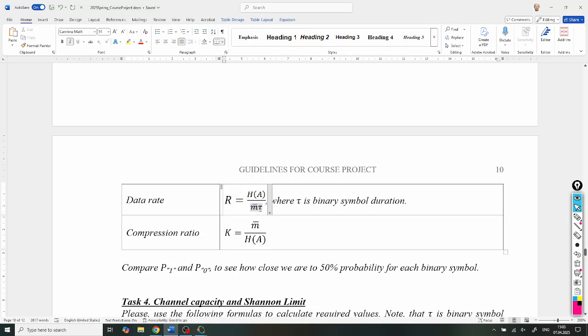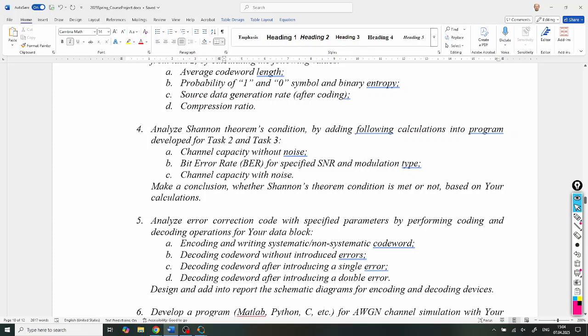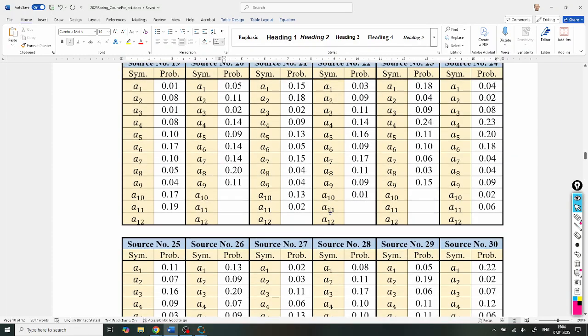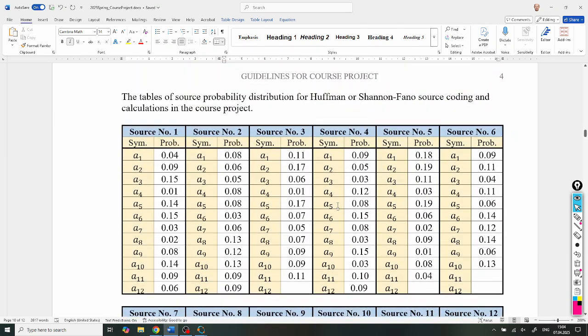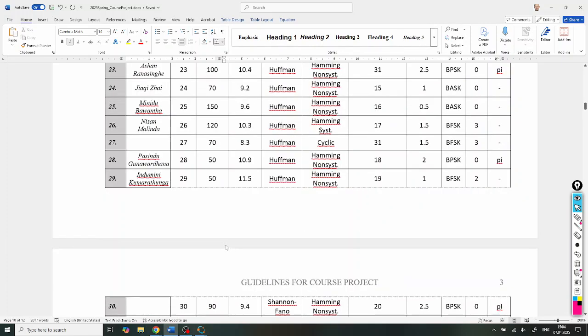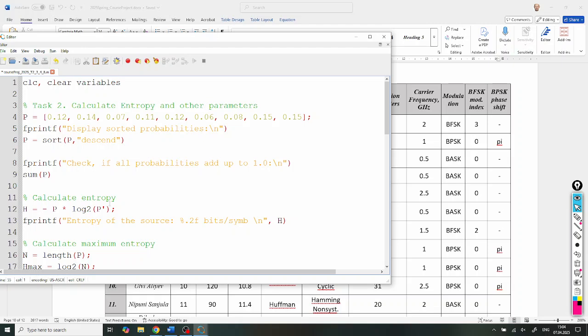So now you also need to specify the tau parameter, which in my case is symbol duration, 60 nanoseconds. So let me go to the beginning and specify it here.